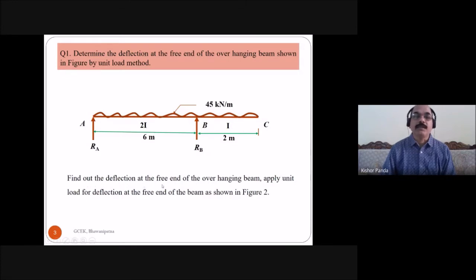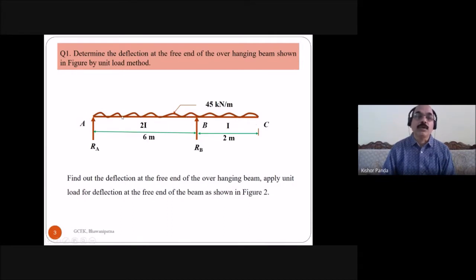Find out the deflection at the free end of the overhanging beam by applying a unit load for deflection at the free end of the beam, as shown in the figure. So this is the beam. First you have to find the reactions at A and B by considering the external force, and find the moment between A and B and between B and C due to the external force.